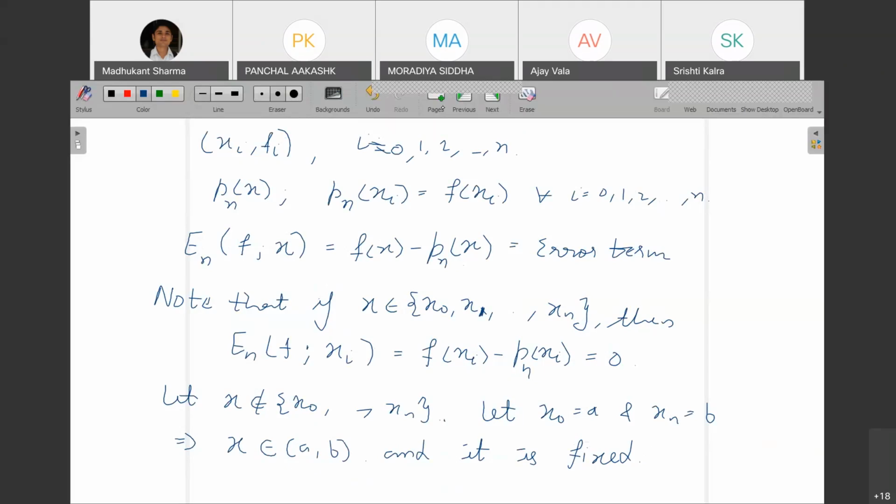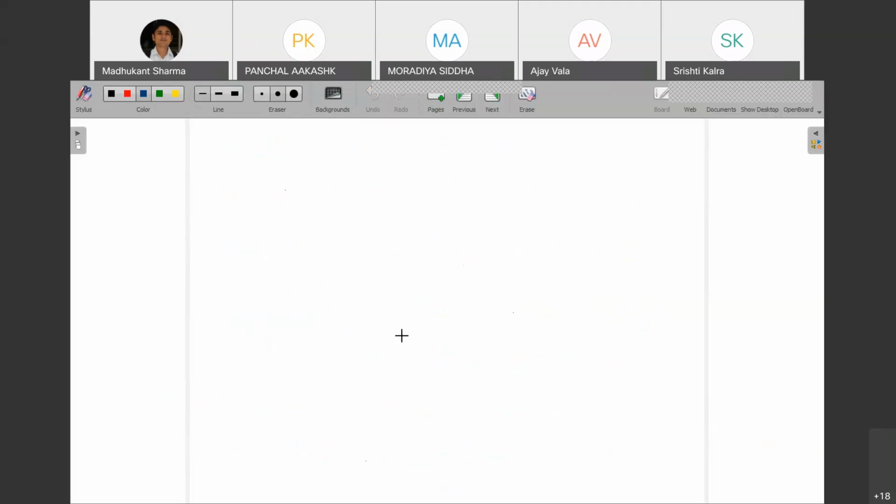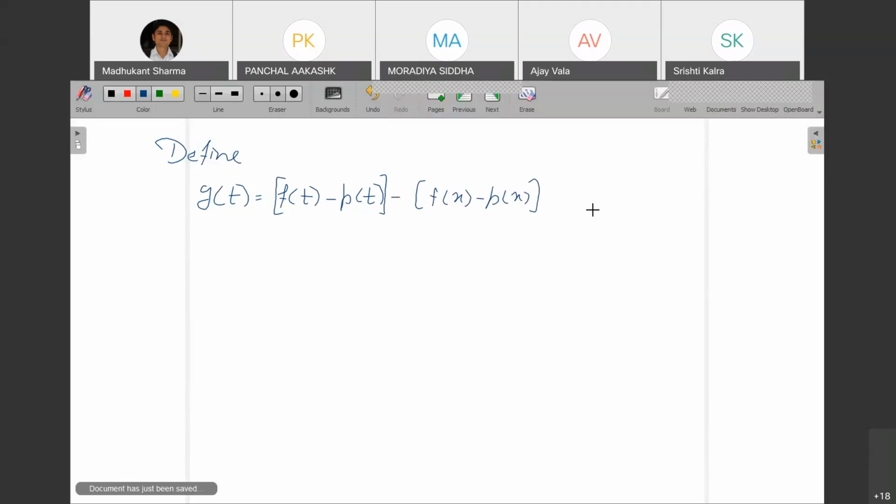Now we are going to define a function. Let's define a function g of t, because x is fixed. So g of t is equal to f of t minus p of t, minus f of x minus p of x, times t minus x naught, and so on.